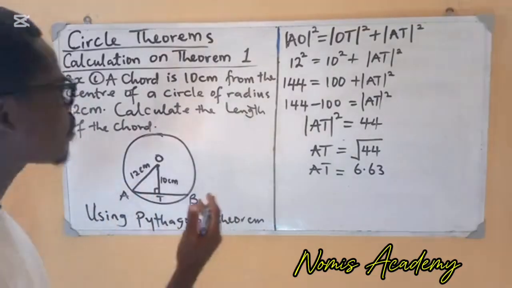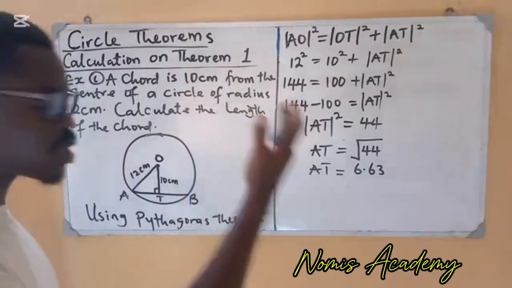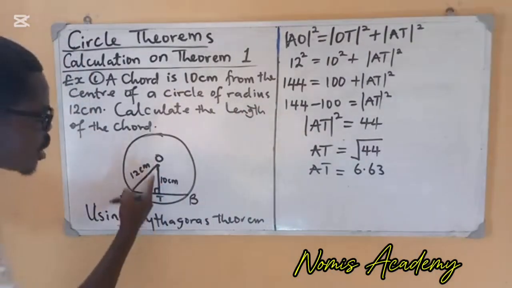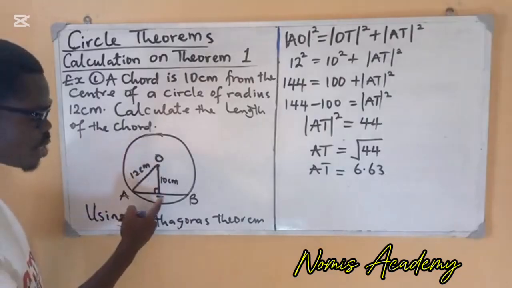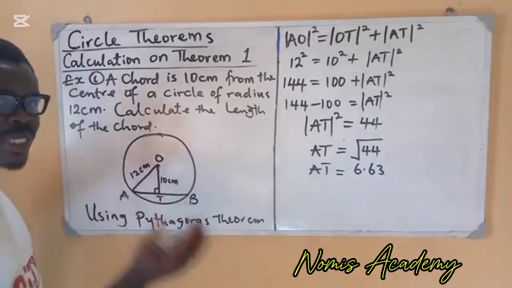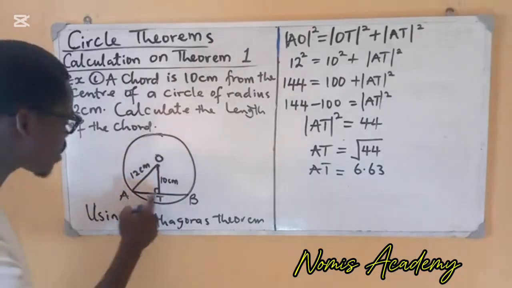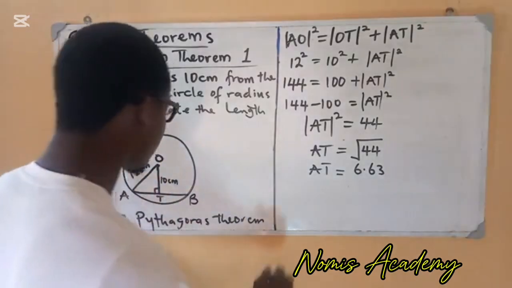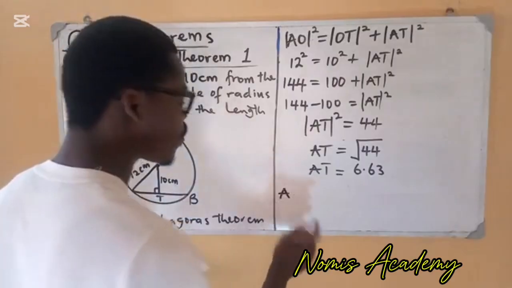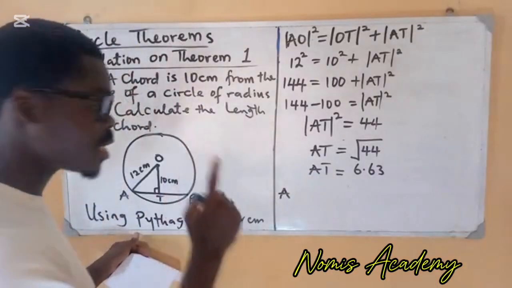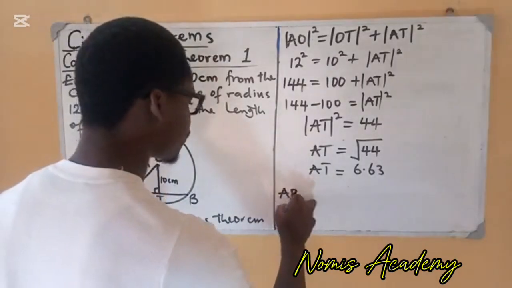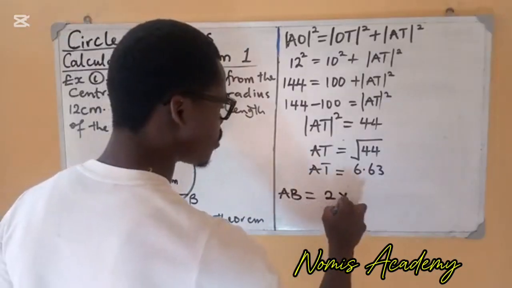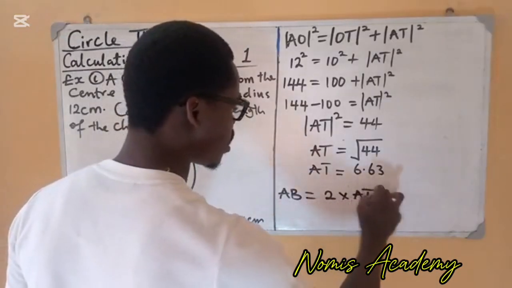And then remember the principle, or what Theorem 1 is talking about. It says that the line that joins the center of a circle to the midpoint of a chord is perpendicular, meaning that it divides the chord into two equal parts. So we can now say that from Theorem 1 as stated, AB is equal to 2 times AT.